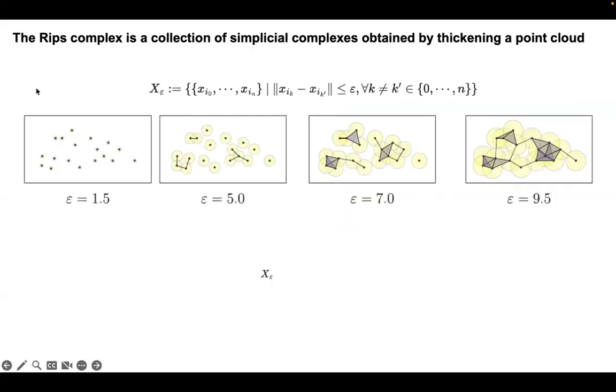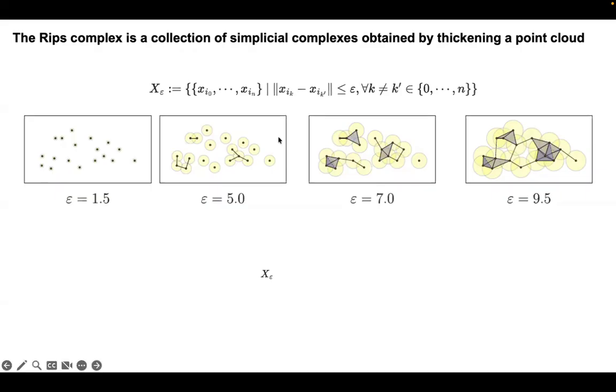The left figure represents the point cloud, where epsilon indicates the epsilon ball. We thicken the point cloud with a ball centered at each point. When epsilon varies, the topology changes.